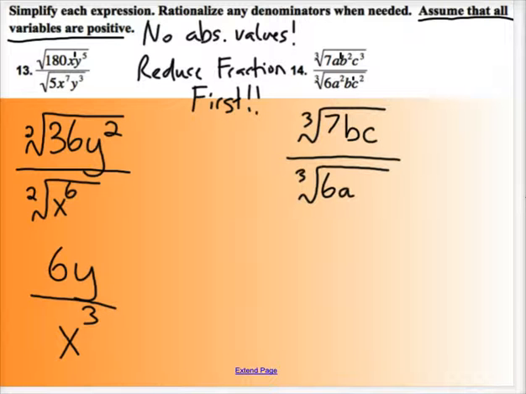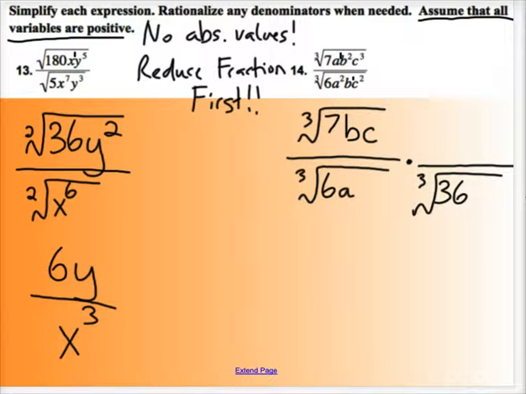Now, unfortunately, this is not the end. Unfortunately, we have a radical in the denominator, and we have to get rid of it. Now, remember, to get rid of radicals on the bottom, we need to complete the radical. All right, so I have a 6 on the bottom. Well, this is a cube root. So to complete the cube, I need 2 more 6s. 6 times 6 leaves me with 36.